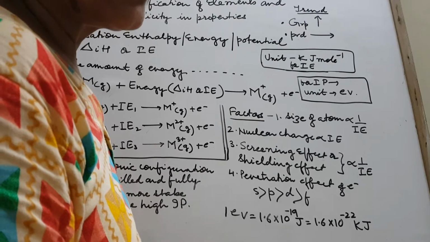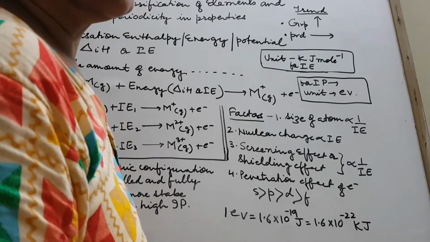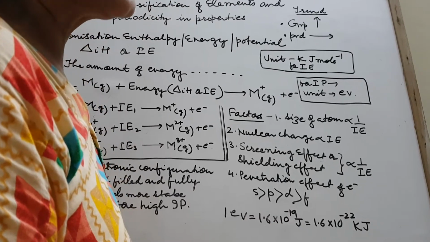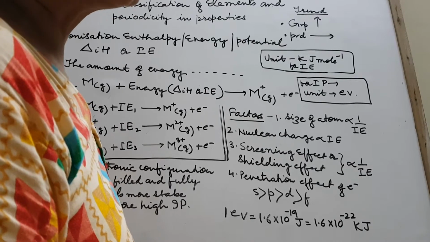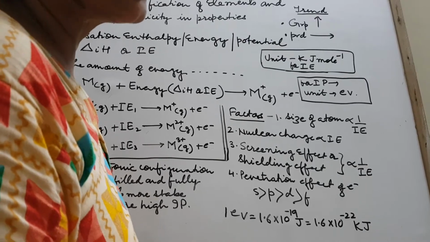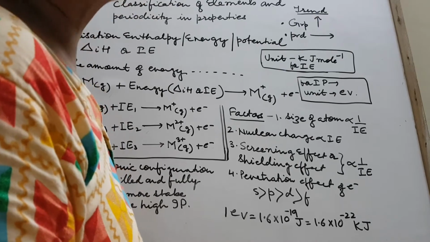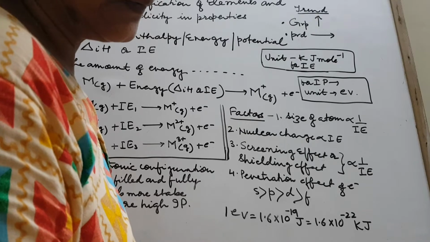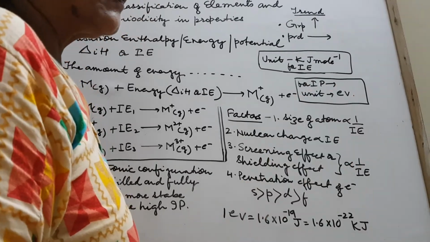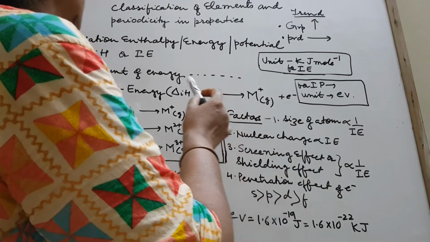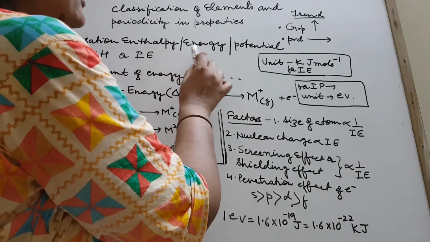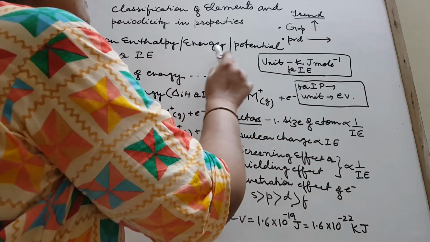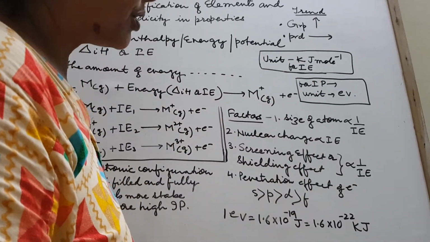Ionization potential is the voltage at which the ionization of a gaseous atom occurs, means that it gets converted into a gaseous cation. Numerically, the value is the same as that of ionization enthalpy or energy.